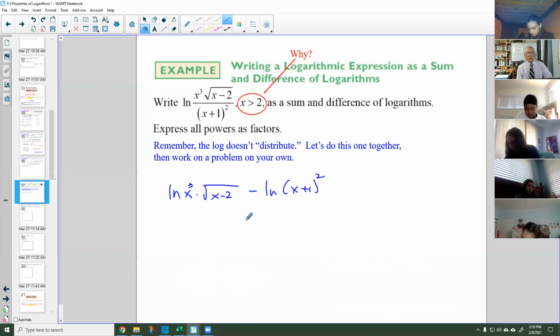Now I'm looking at it, I'm saying, no, I can still do some work on this. So let's look at the first term of that difference right there. Kristen, what can I do to simplify this part right here, the first part?